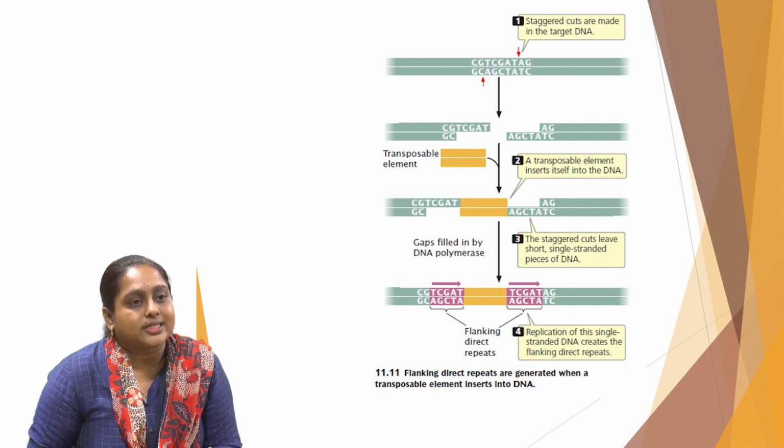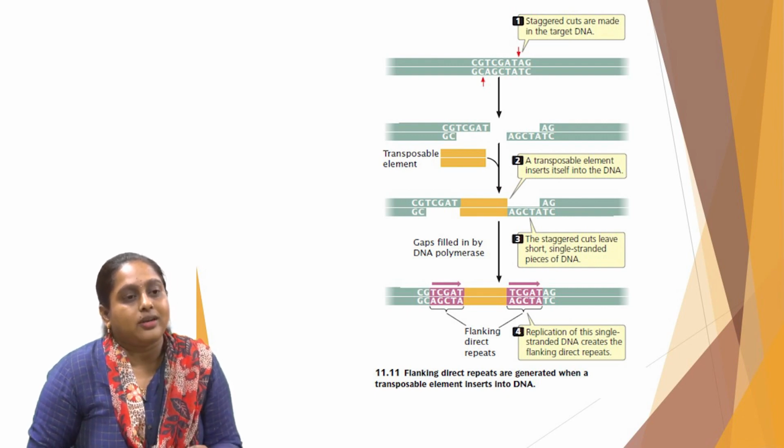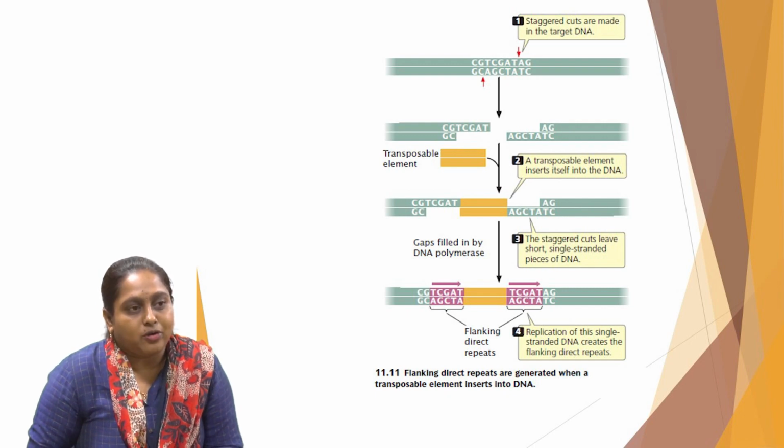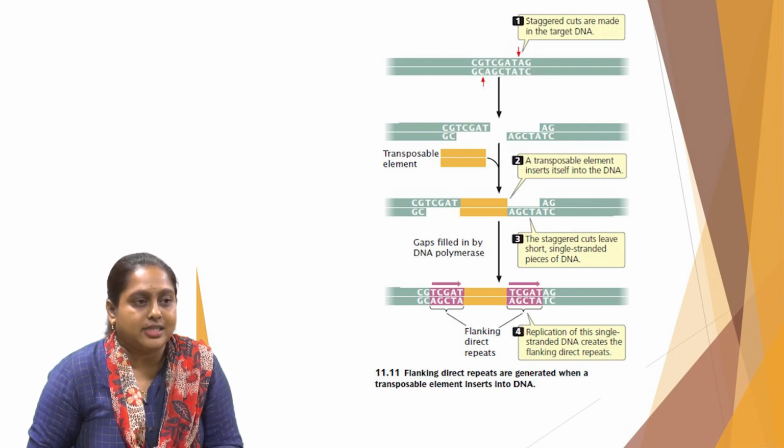After the insertion of the transposable element within the DNA sequence, a gap is formed. The staggered cuts leave short single-stranded pieces of DNA, and these gaps are filled by the DNA polymerase enzyme upon DNA replication. The DNA polymerase introduces the sequences and the gap is filled during the replication process.